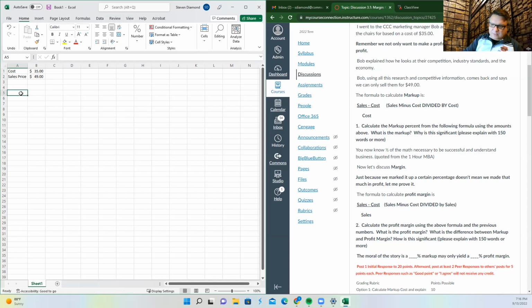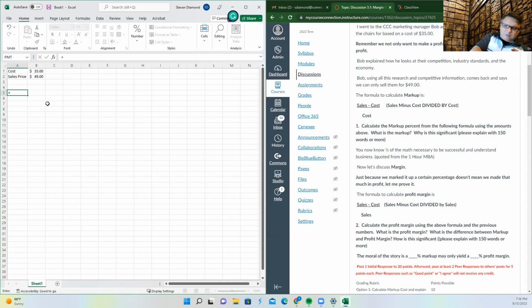In order to do Excel, a lot of times they'll tell you to put an equal sign, and that lets Excel know that what you're going to be doing next is some sort of mathematical formula. Also, if you're a 10 key person, you can just hit the plus sign and that works.